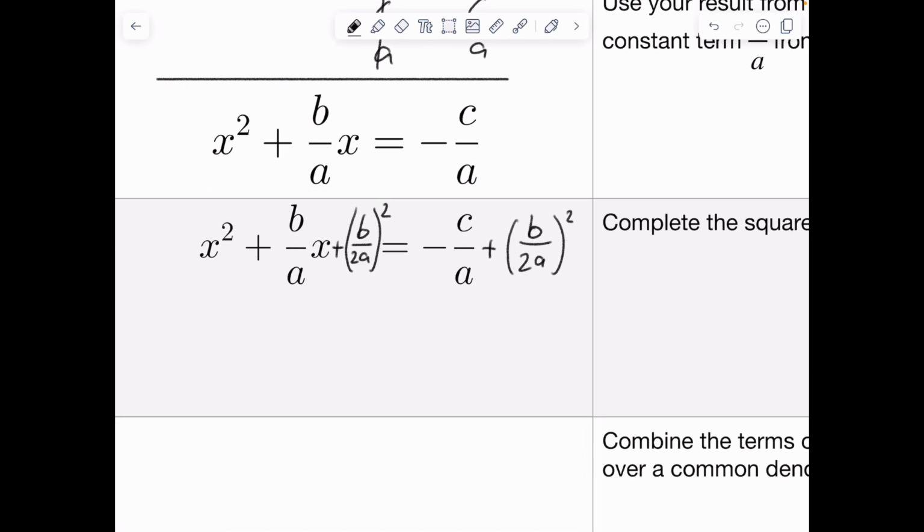Now that would become x plus b over 2a squared, which would then be equal to, and we'll go ahead and square that on the right side, b squared over 4a squared. And that's it. We've completed the square.